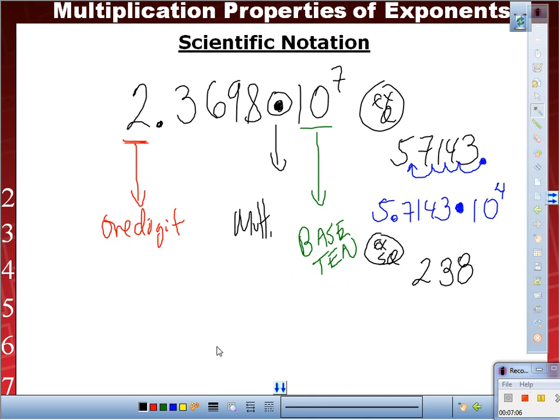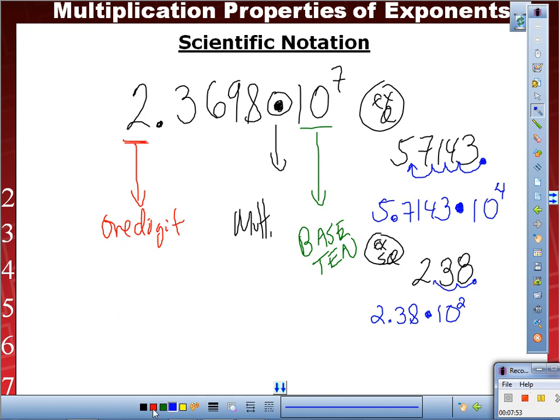Tell your neighbor that new scientific notation, please. So let's see. You picture the decimal here, you moved it twice, that means your new number is 2.38, and you said times 10 to the second power. Hands if you got that. Okay, copy that please. Copy it on the Q side of your notes. Go.